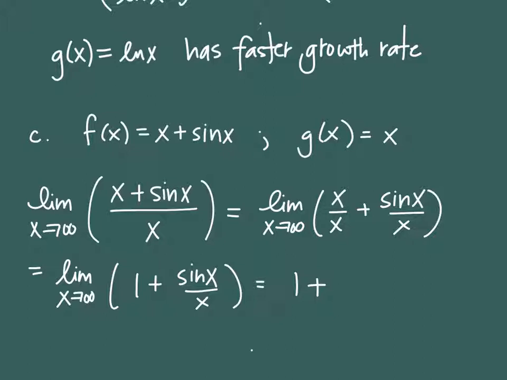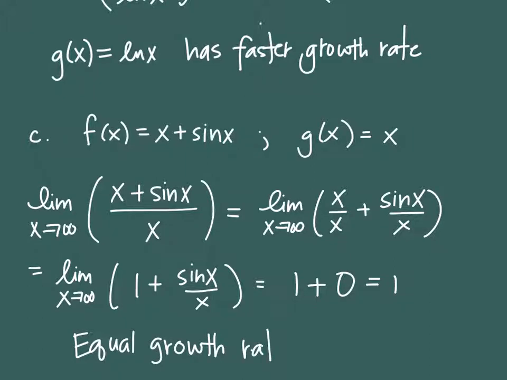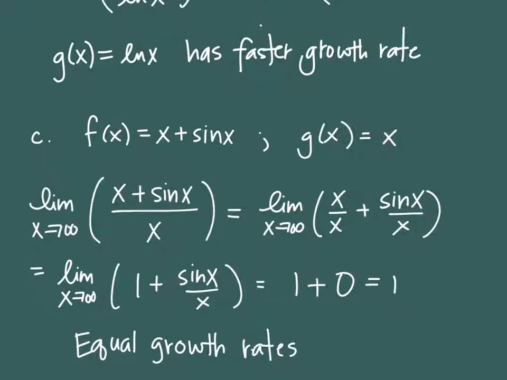And what is the limit of the sine of x over x? 0. Very good. And so the value of this limit is 1. Therefore, these two functions have equivalent or equal growth rates, is the conclusion. Okay, one is not faster than the other.